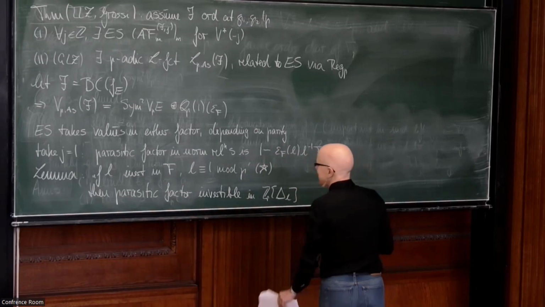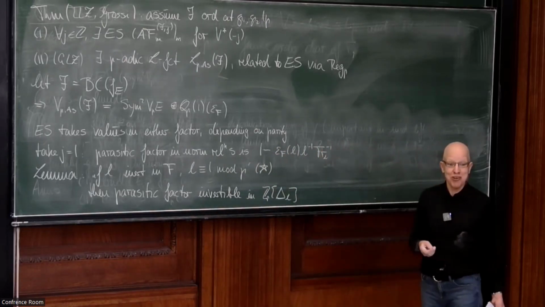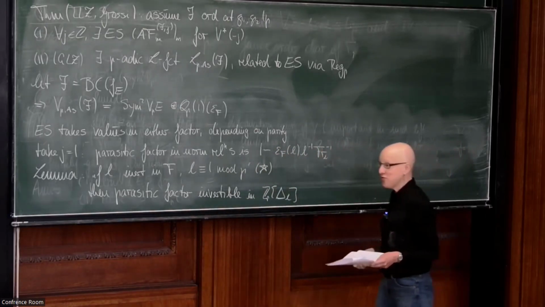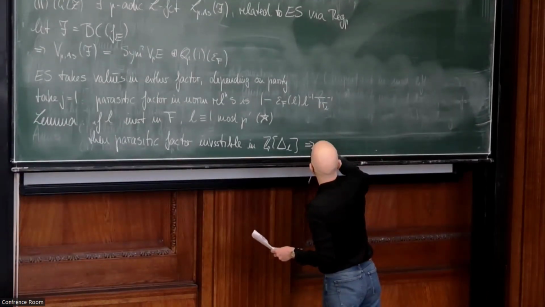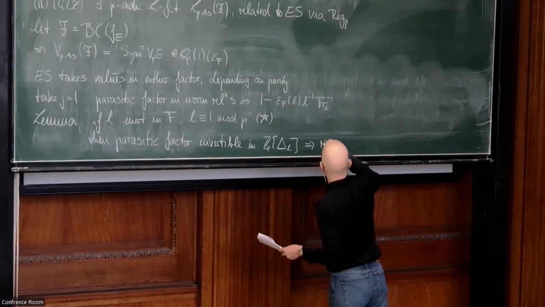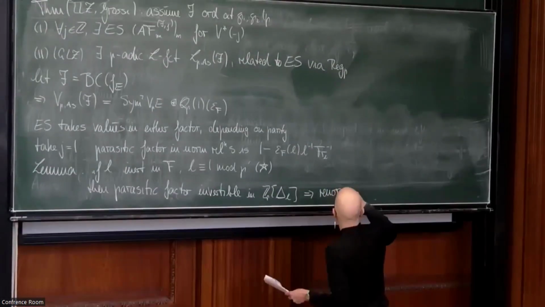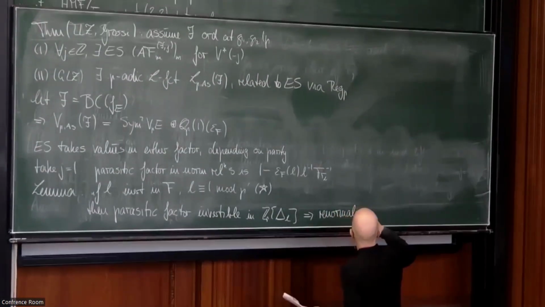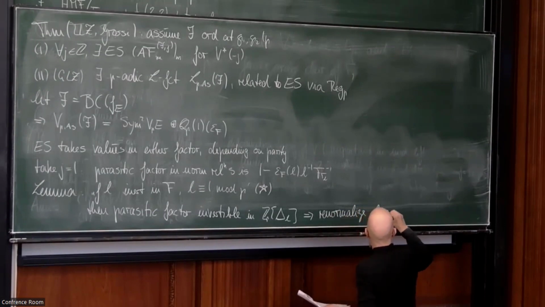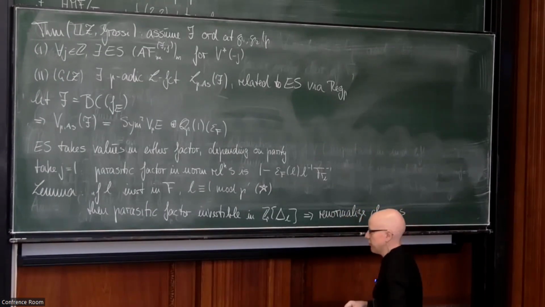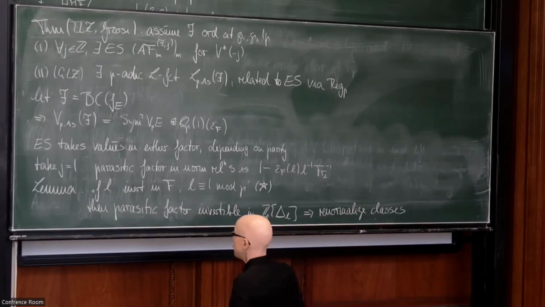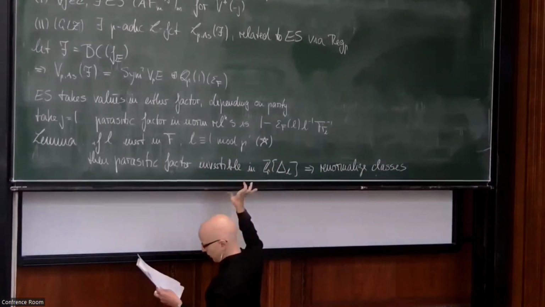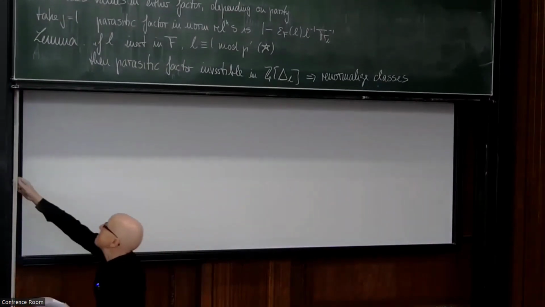So in other words, we can renormalize the cohomology classes for those l to get rid of the factor. And it turns out that looking at those primes is sufficient for the Euler system machine.